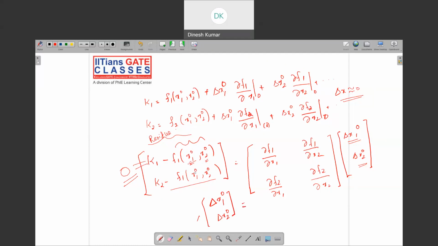Now we will update it. So x11 will be equal to x10 plus delta x1, right? Similarly, x21 will be equal to, sorry, x20 plus delta x2.